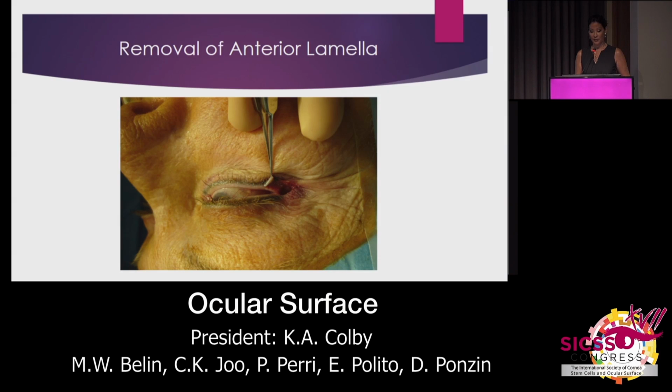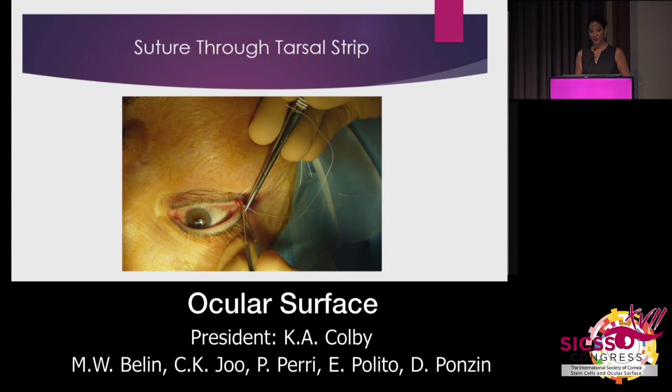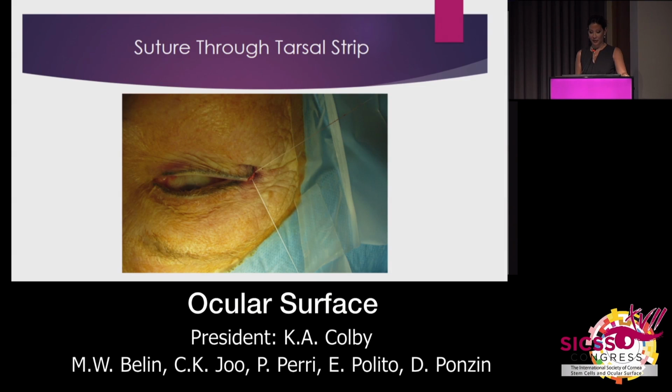I create a strip of posterior lamella and I remove that little piece of skin and orbicularis. I use double arm 5-0 Mersilene, and I take a double bite through the inferior and superior portions of that lateral tarsal strip. So I have a 2-point fixation like you see here.